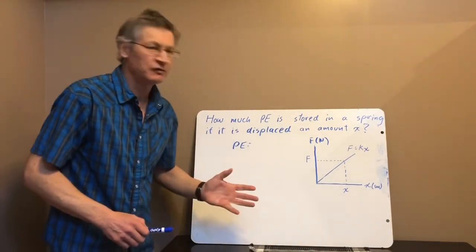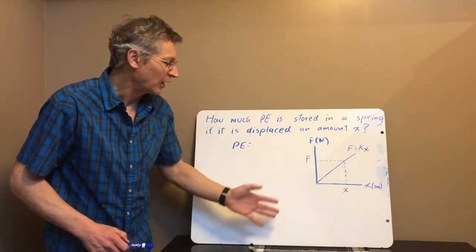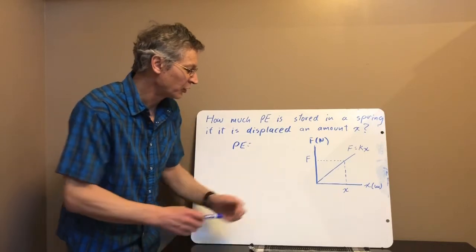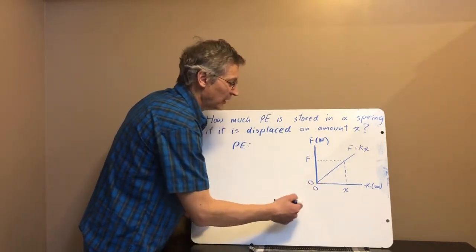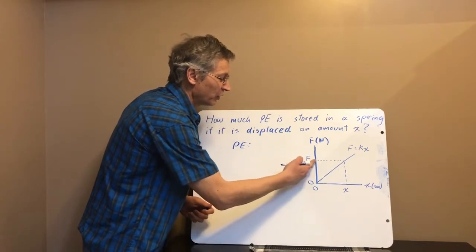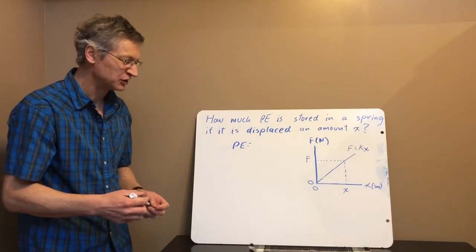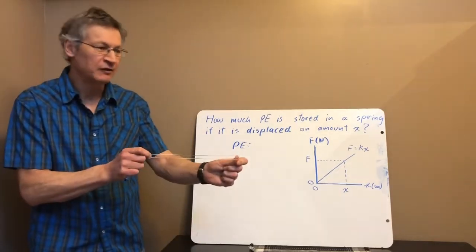Now, if you're to look at this situation on an F-X graph, there it is. We displace our spring an amount x, and the force is, of course, F.